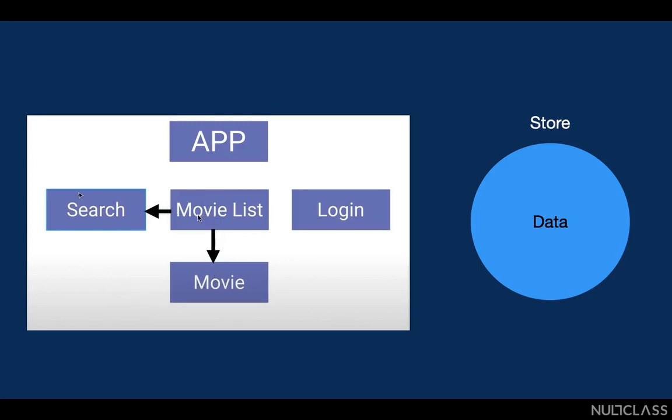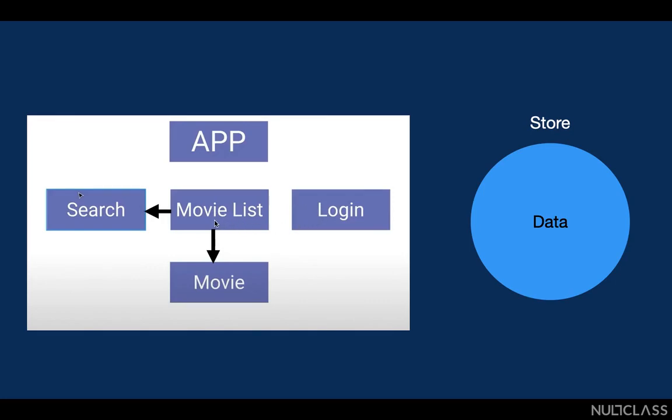It won't go sideways. So if there is data in app, we can just give it to search or movie list or login. If there's data in the movie list, we can use it in the movie. We couldn't give the data to search or login.